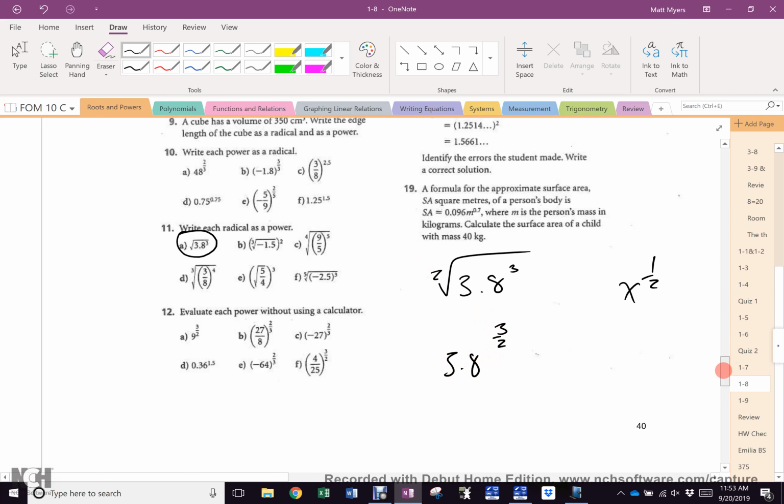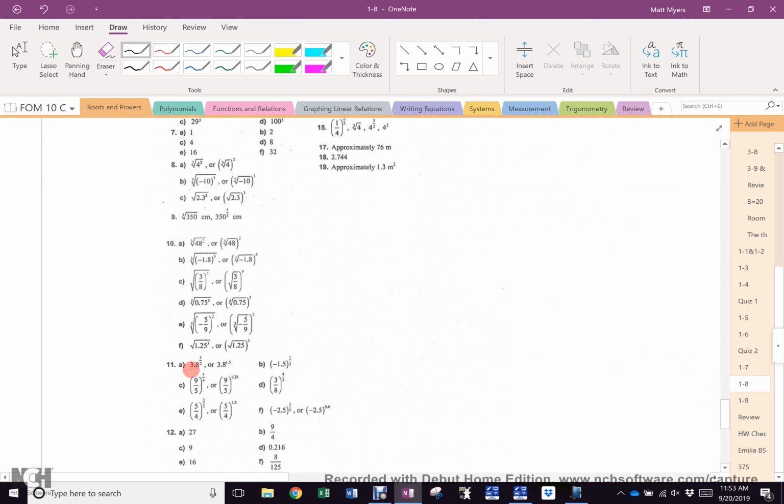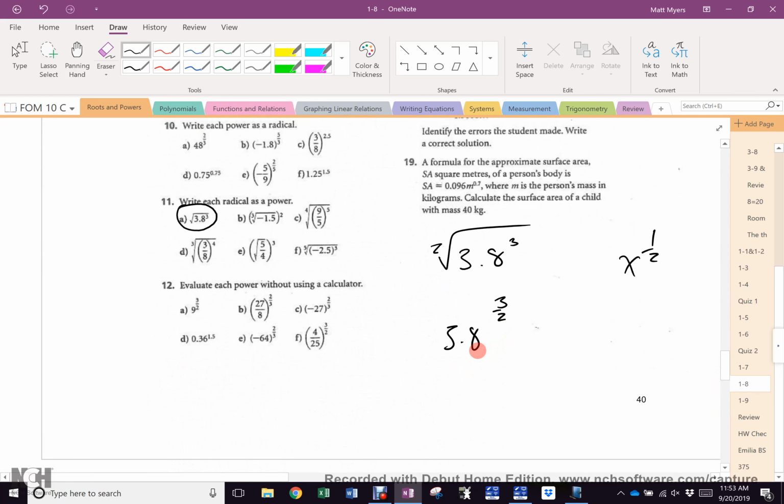Now, again, if you check in the answers, they are showing the decimal as staying there, right? And that's okay. I got no problem with that. I also got no problem if you do this version of it, 1.5, because 3 halves is 1.5, whatever, fine. I mean, you should know that I hate decimals, but this is still technically right.